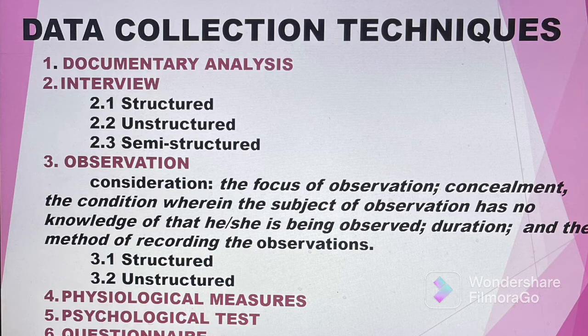All you have to do is to get the documents and analyze the data within the documents. This is very important and a most commonly used data collection technique when you do a historical research in a qualitative research.